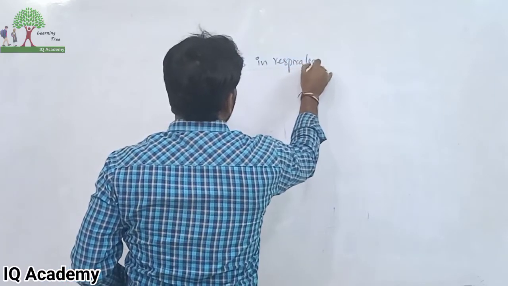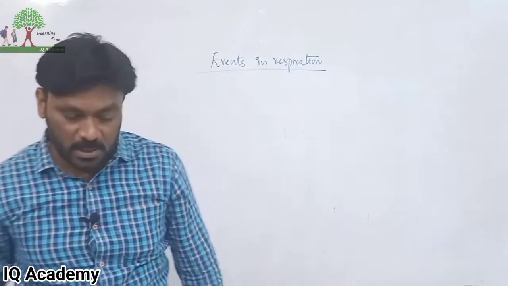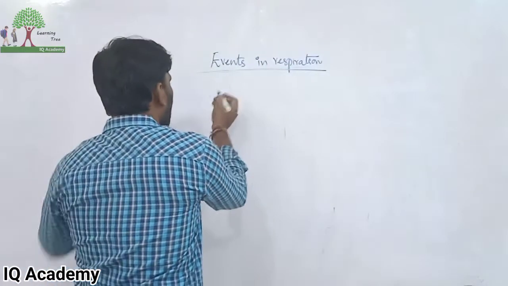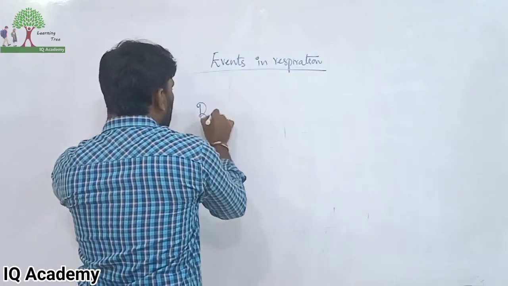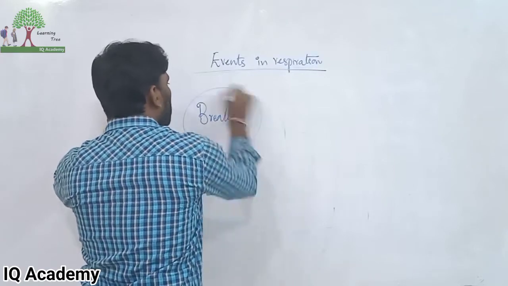How is the oxygen diffused into the blood? That is the main question. First, breathing. When you take in gases, first you have breathed.